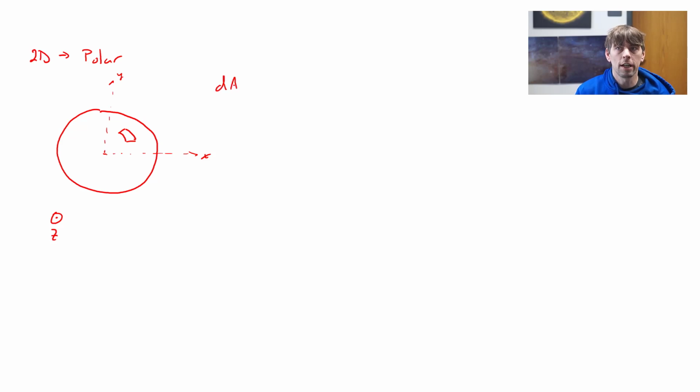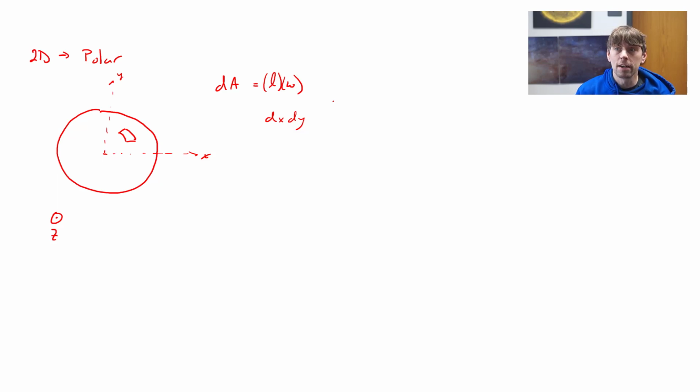And we know that area should be something like a length times a width. So in Cartesian coordinates, we'd probably end up doing something like a dx dy. But that's ill-suited for these curved surfaces that we're dealing with in the example problem.